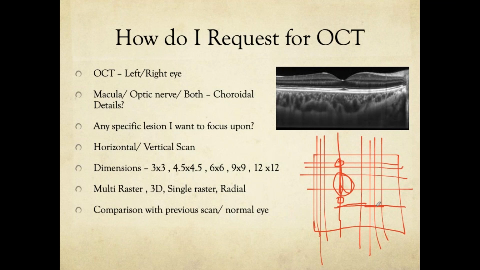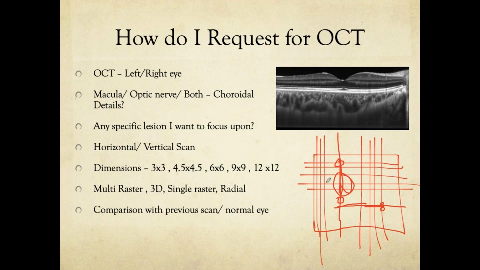So when you analyze this in OCT, right next to the lesion, you are analyzing the lesion right next to the normal retinal tissue. So this way you can find out what exactly has happened at the junction of the normal retina and the abnormal retina. So this is especially helpful, whether you want to do a vertical scan or horizontal scan. Most of the time you send a scan, the horizontal scan is the most commonly performed one.